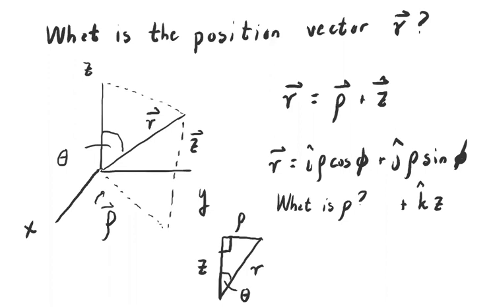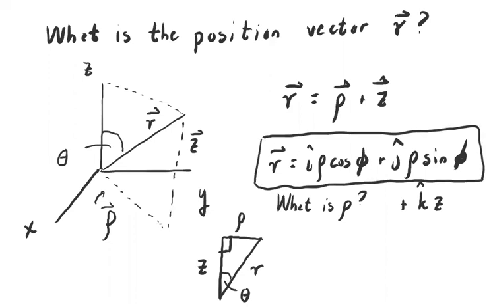And now I'm in a position to write down an exact expression for the position vector R in spherical polar coordinates. Note from this figure, the sine of theta is rho over r. So let's write that down. The cosine of theta is z over r.